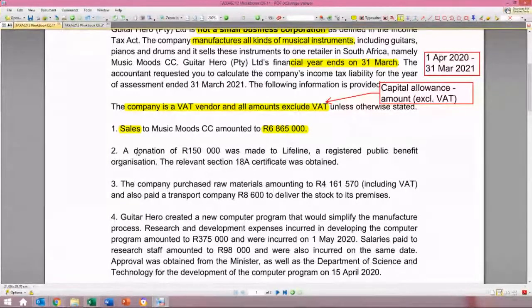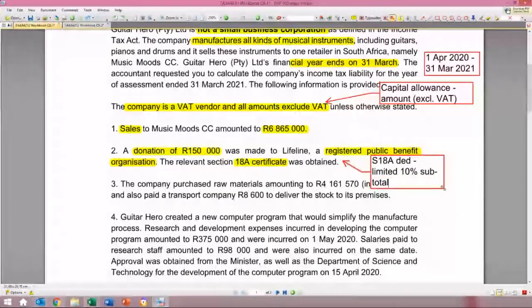Then the next thing you see is a donation of 150 was made to Lifeline, a registered PBO organization, and you got a Section 18A certificate. They have to specifically state it's a Section 18A certificate because of the Section 18A deduction, which is limited to 10% of the subtotal.